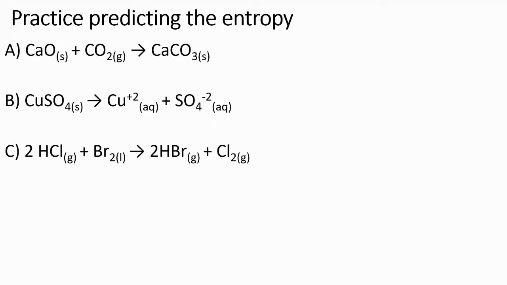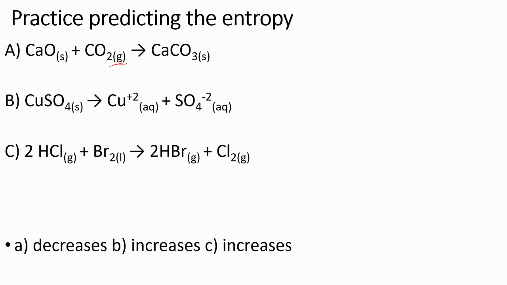Okay, so let's look at our work here. A, I have 1 mole of gas as a reactant and I have no gas as a product. So because I have less gas on the product side than I do on the reactant side, entropy decreases. Now, in B, I'm going from a solid where this copper sulfate is in a tight crystal lattice structure.